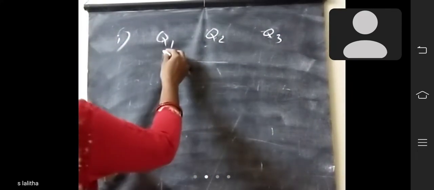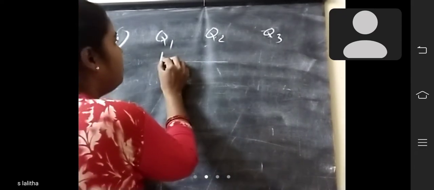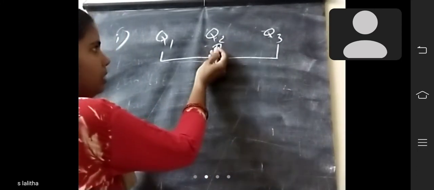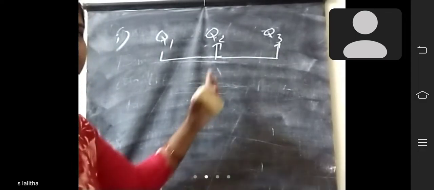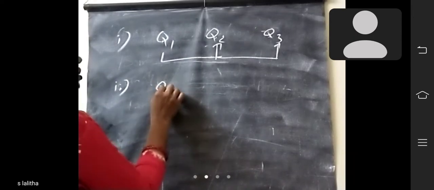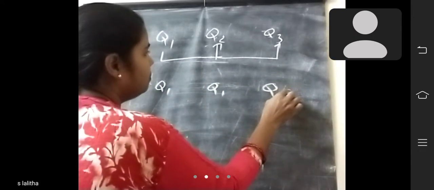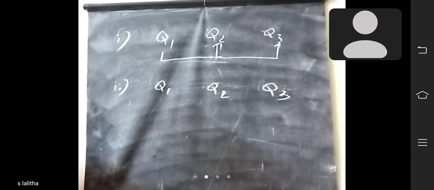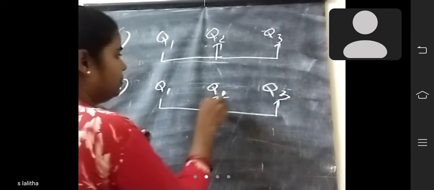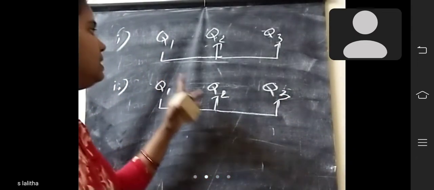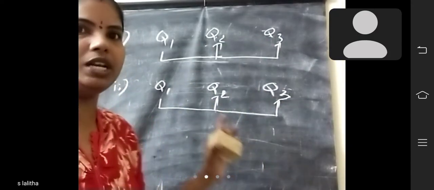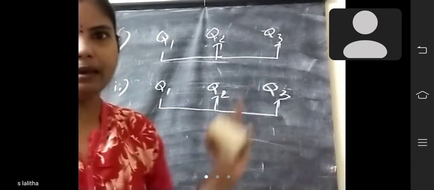In the first case, quantity 1 is directly proportional to both quantity 2 and quantity 3. And second case is quantity 1 depends upon other two quantities and is inversely proportional to both of them.